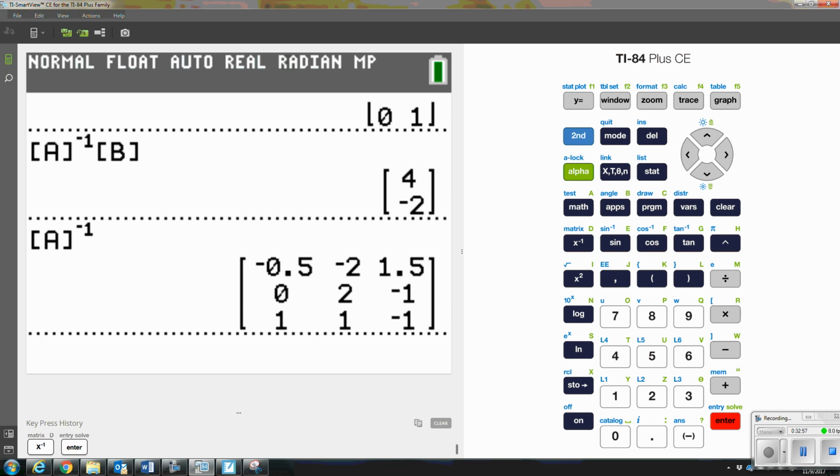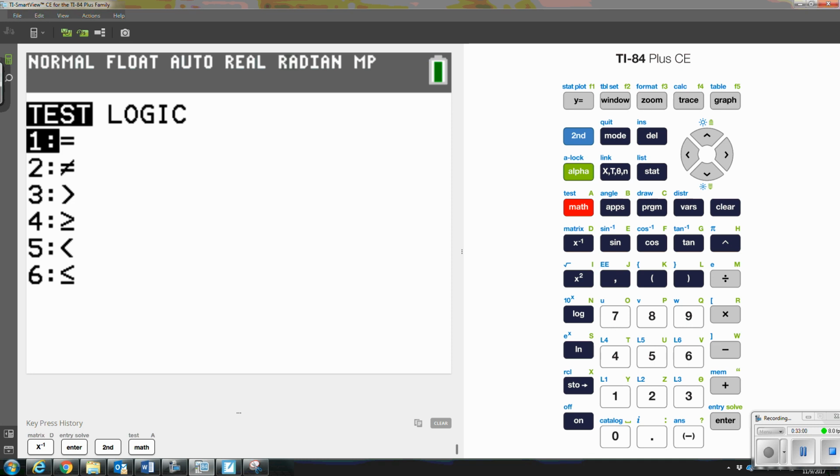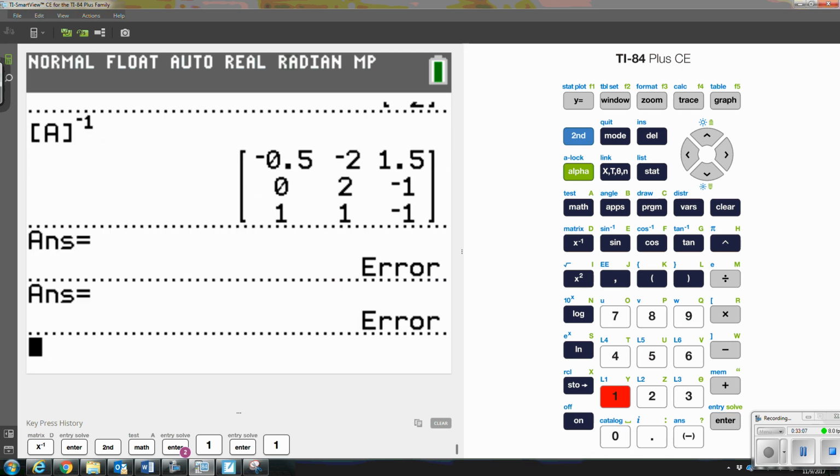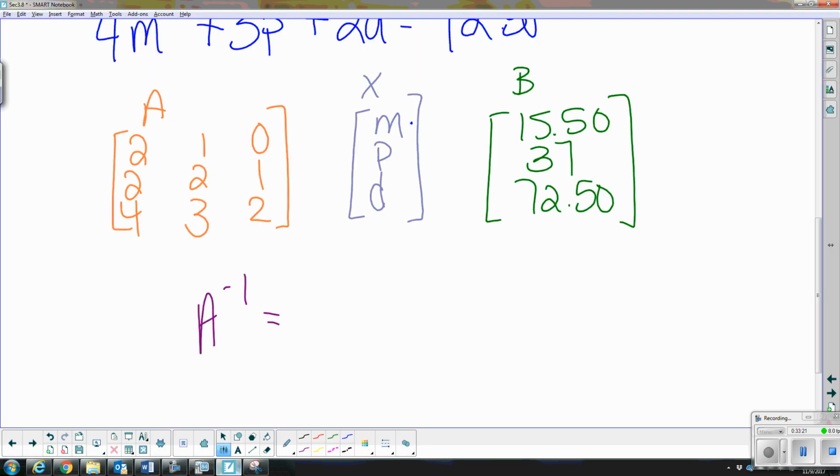And you can do that with math, enter. To get your, correction, I made a mistake, but it's -1/2. Okay, these are 0.5. You can put those pretty easily into fraction form. So let's go back to our notes, and the inverse of matrix A is 1/2, -1.